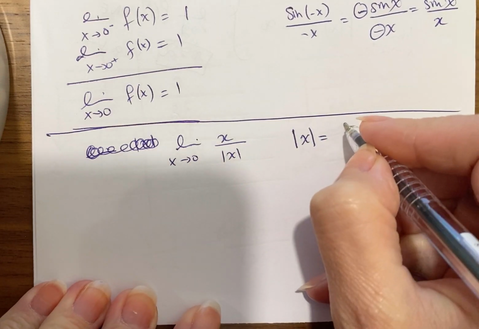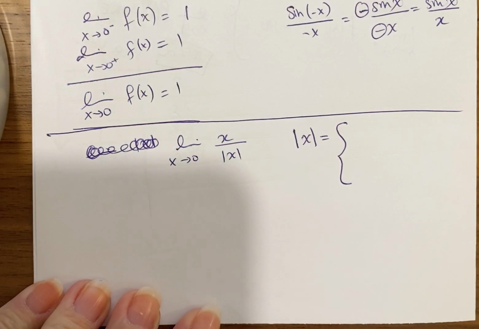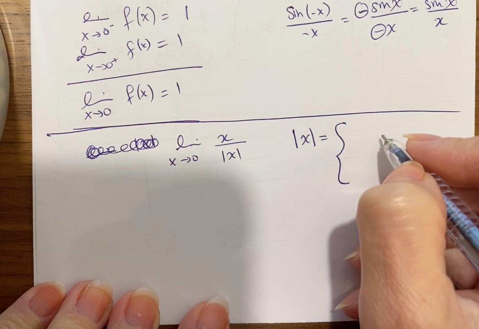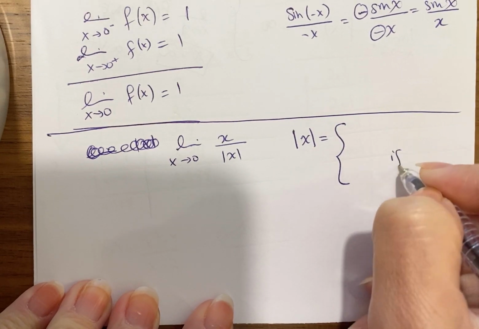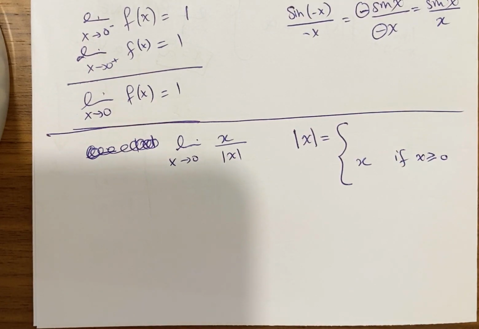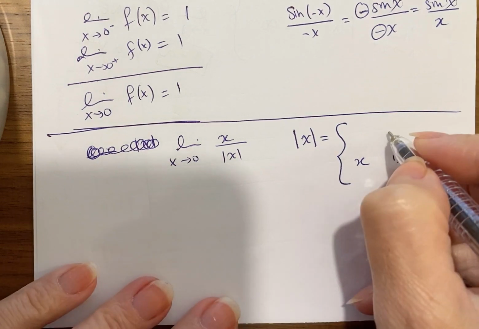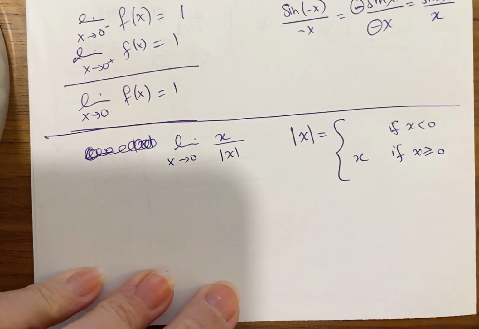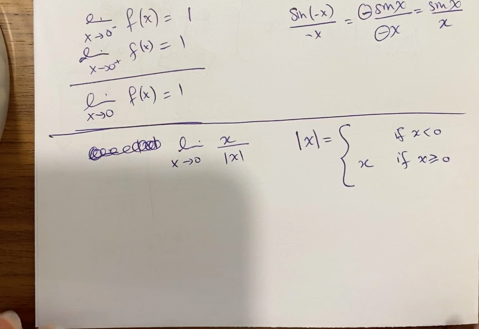Absolute value of x is a function which you input a number in. If the number is already positive, it stays the same. So absolute value of 2 is 2, absolute value of 5 is 5, absolute value of 7 is 7. If a number is negative, like absolute value of minus 2, it should change to positive.